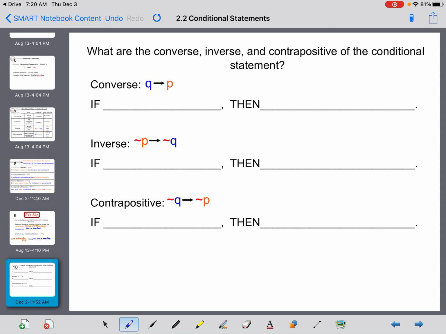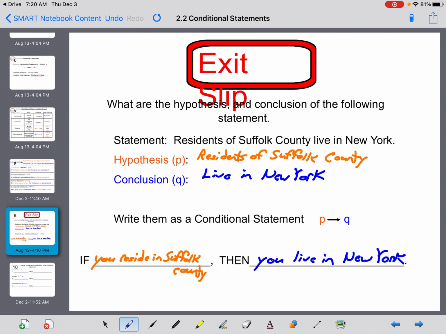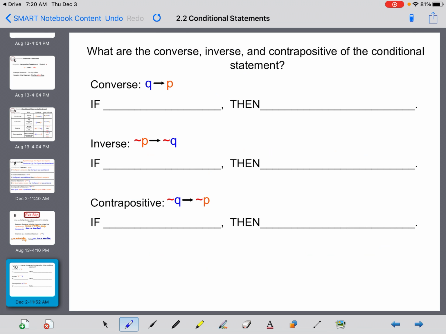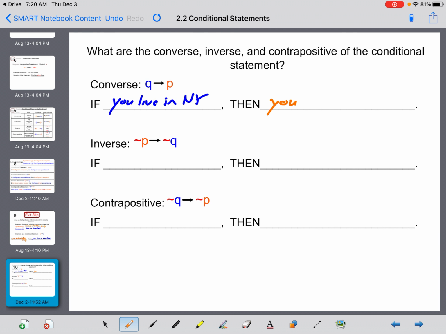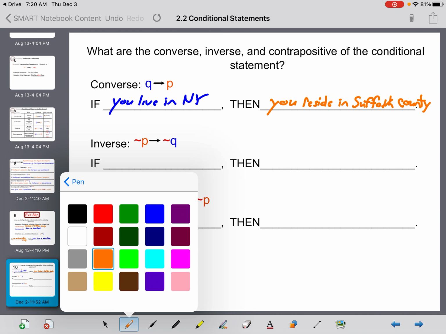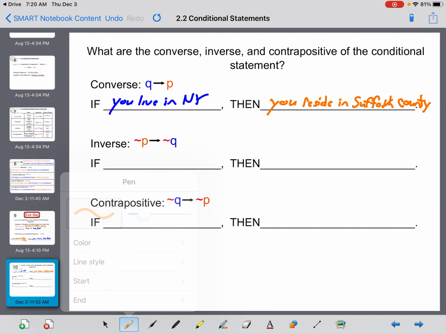So the converse means to flip. So this would say, if you live in New York, then you reside in Suffolk County. The inverse would be to negate both statements.